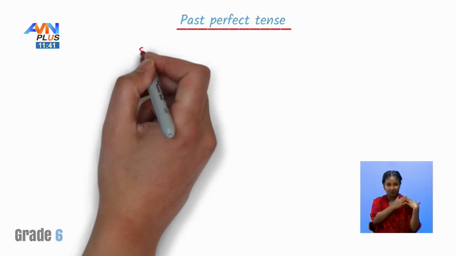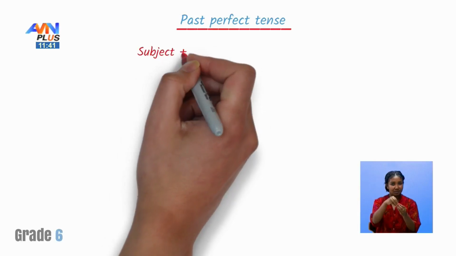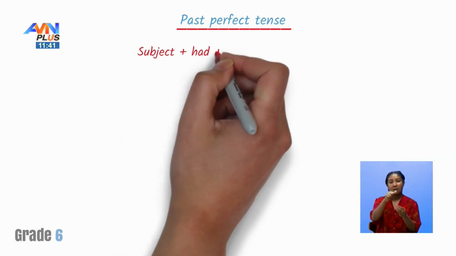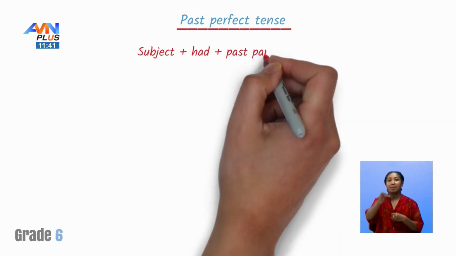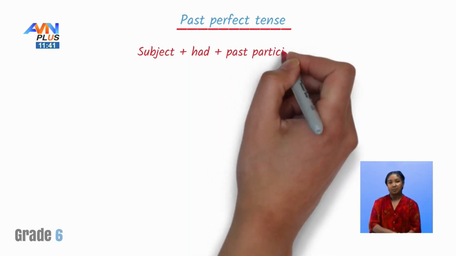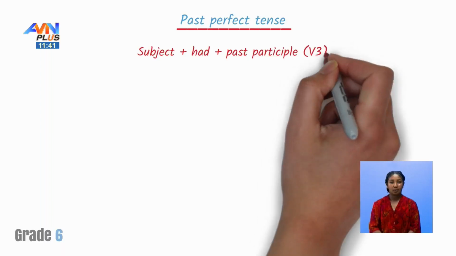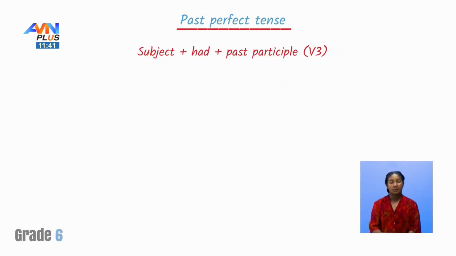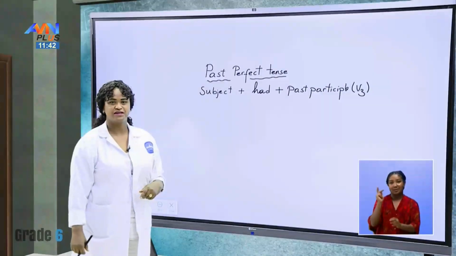Subject plus the auxiliary had, right? And past participle. Very good. Past participle, or what we call verb 3. This is the form of past perfect, right?